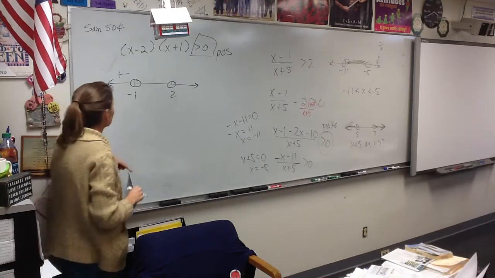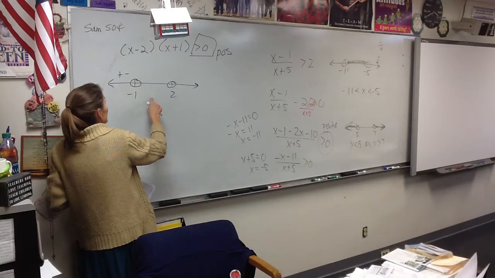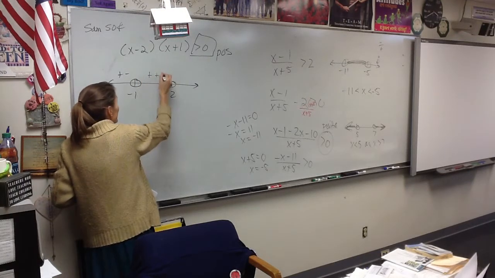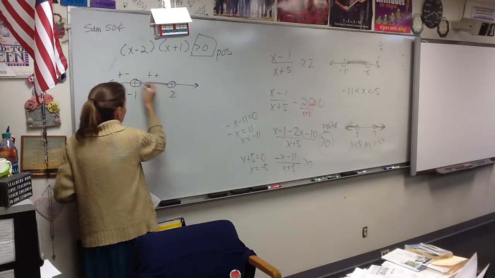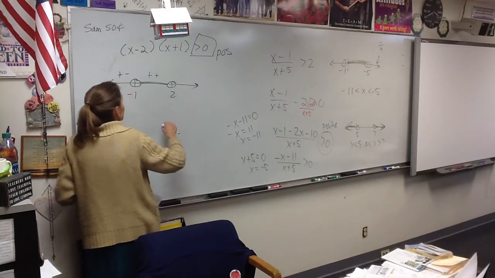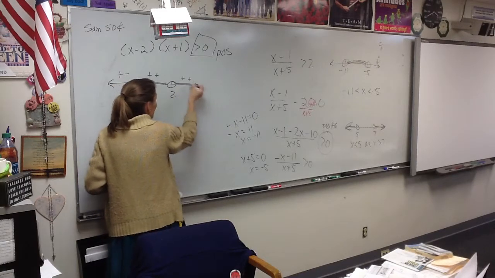Nope. All right, let's try 0. When I put in 0, I get a positive and a positive. Does that work? When I put in a 3, I get a positive and a positive. That works.